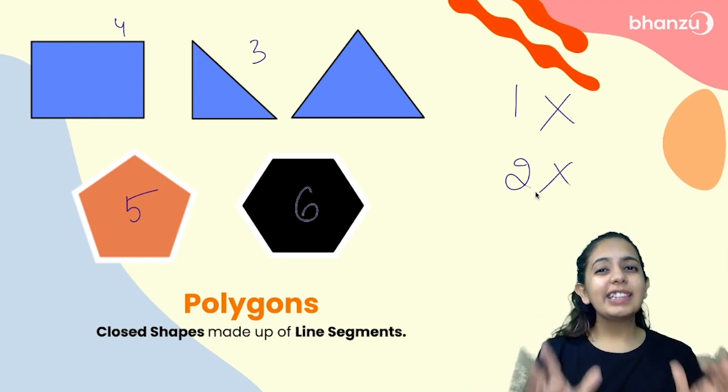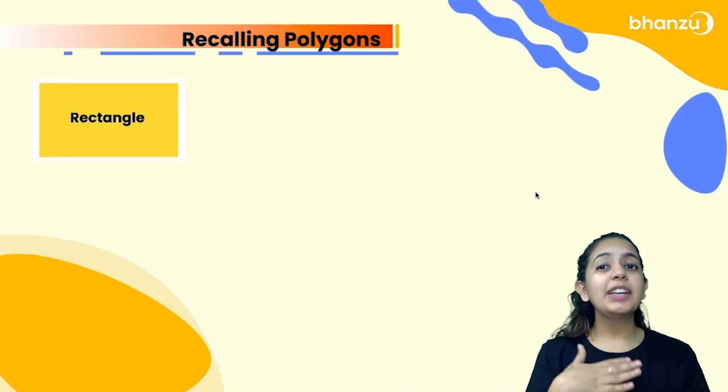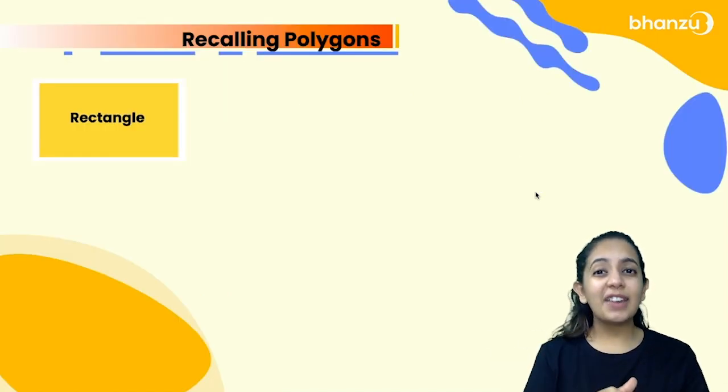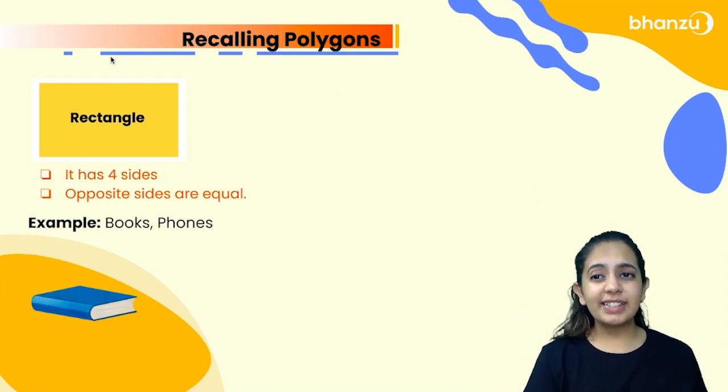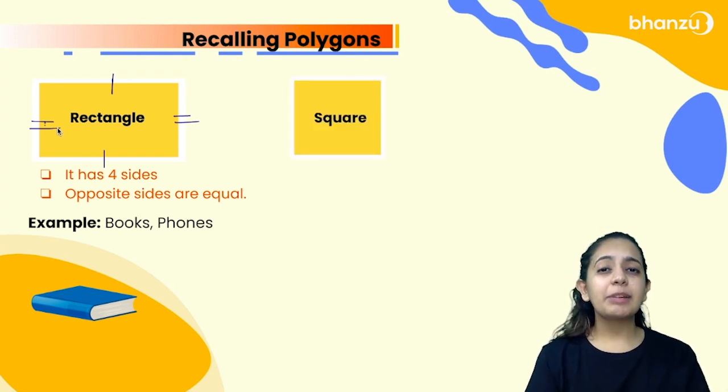Now let's recall some of the polygons that we know. For example, a rectangle. We already know and studied about a rectangle, right? It has 4 sides. Its opposite, that is, its facing sides are equal. For example, book, phones, right? Then we have studied about the polygon square.